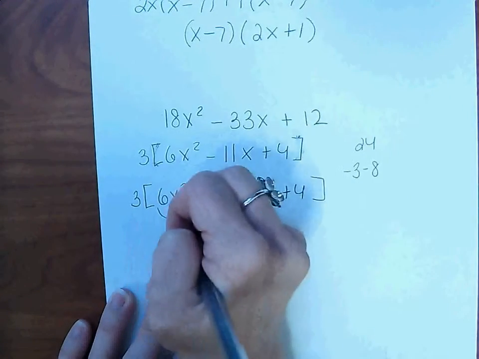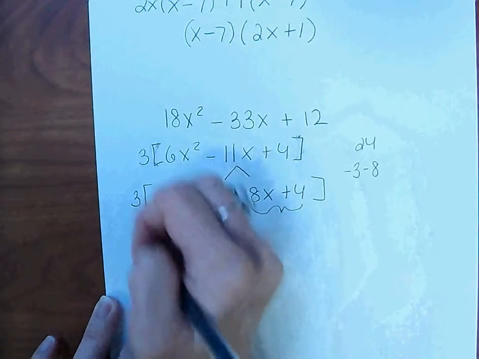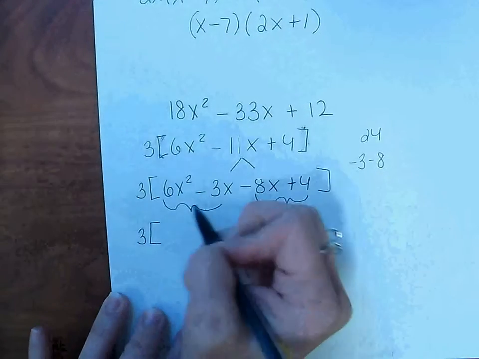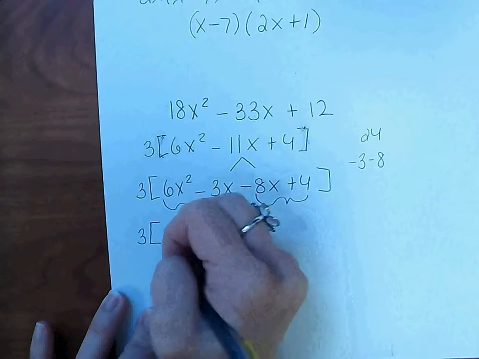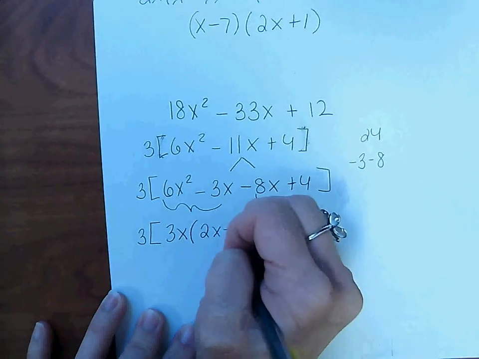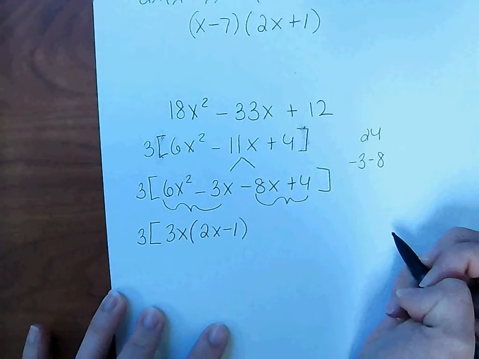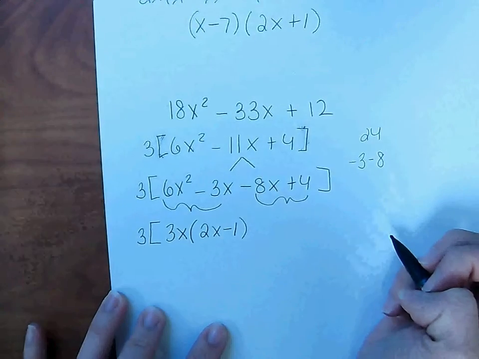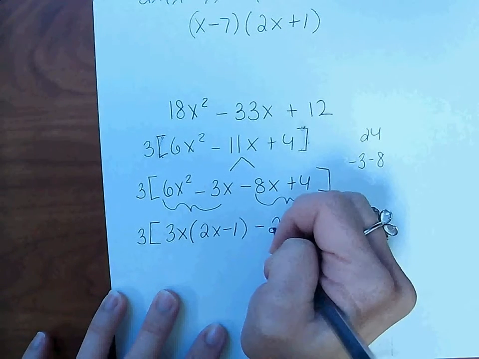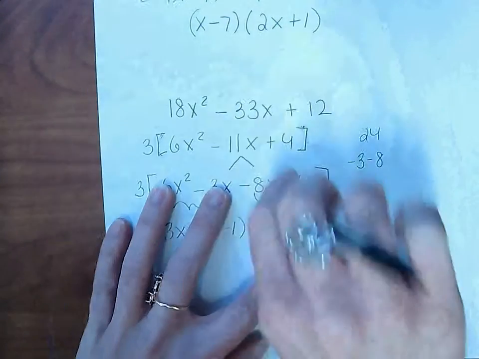Factor by grouping. Again, do not lose the 3 out in front. So from the first two terms, we can pull out a 3x, and that's going to leave 2x minus 1 inside the parentheses. For the second two terms, I'm going to pull out a negative 4.